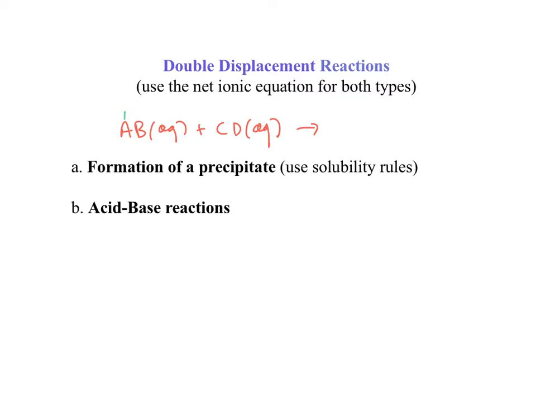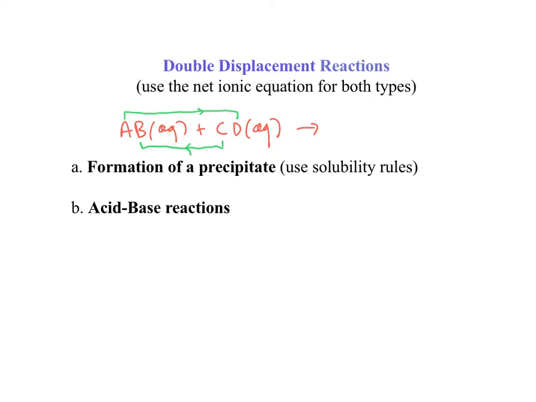So the positive A will combine with the negative D that way, and then the positive C will combine with the negative B. You're always going to write the positive first. The cation is listed first, and then the anion.